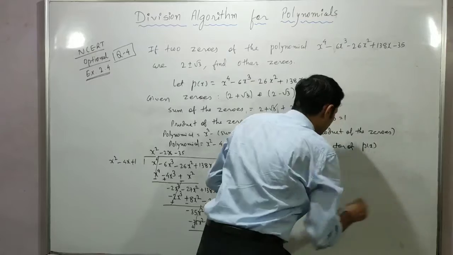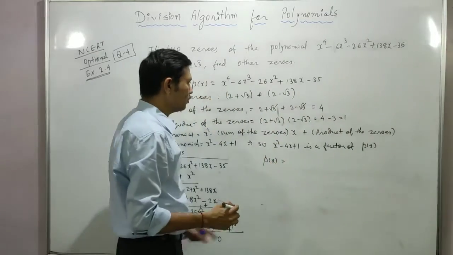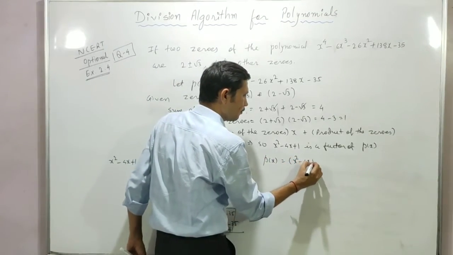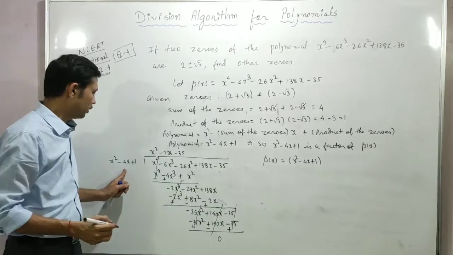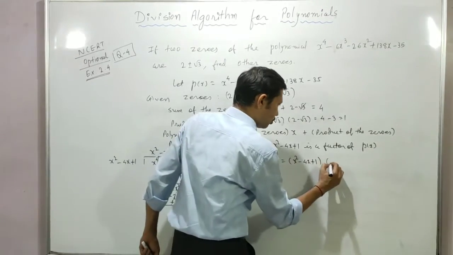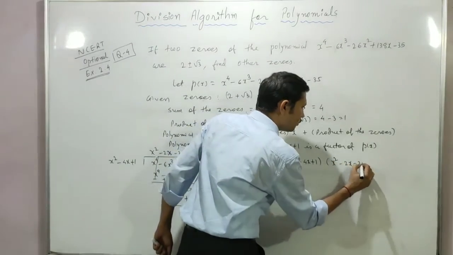That means our polynomial p of x can be written in this form: the polynomial from the given zeros, the divisor, multiplied by the quotient, plus remainder 0. So x square minus 2x minus 35.